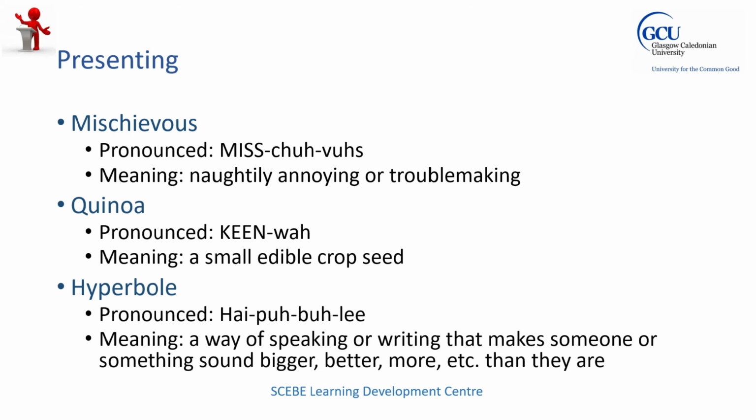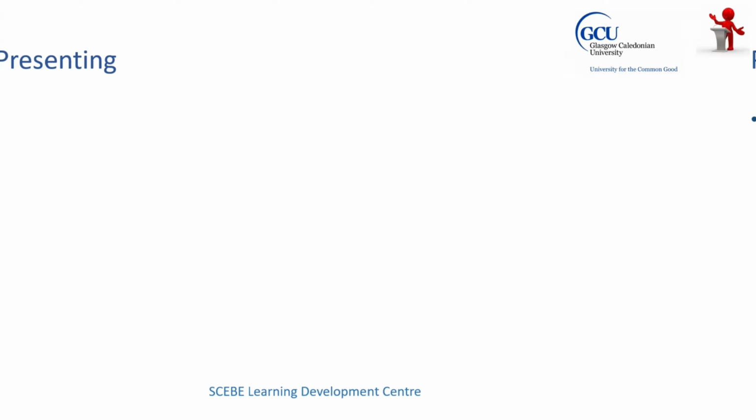You pronounce it hyperbole. The meaning is a way of speaking or writing that makes someone or something sound bigger, better, more, etc. than they are. And the news presenter, instead of saying hyperbole, said it wrongly. So you need to be careful about the words you use. Make sure you know how to pronounce them.